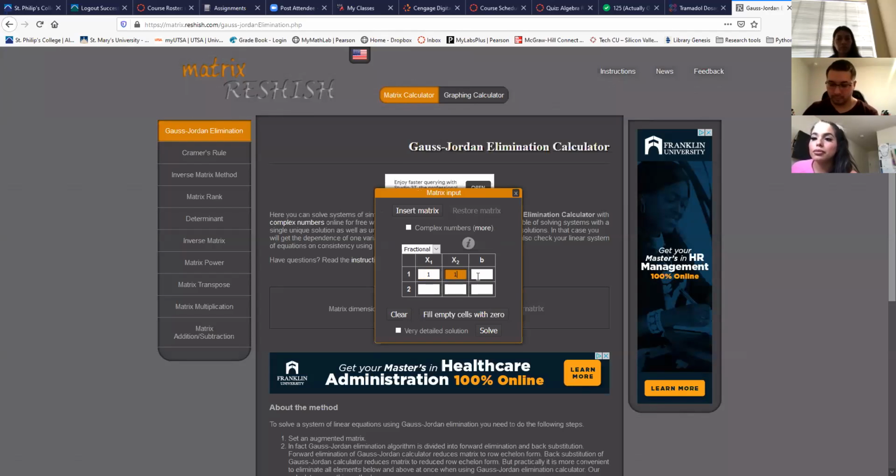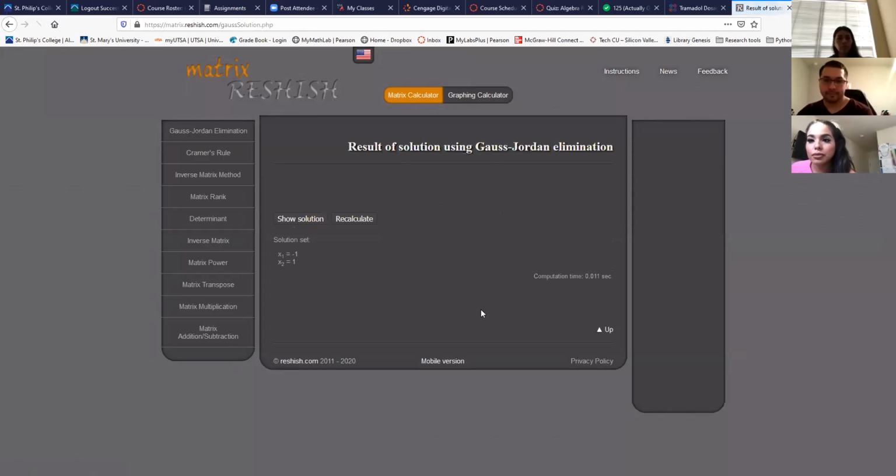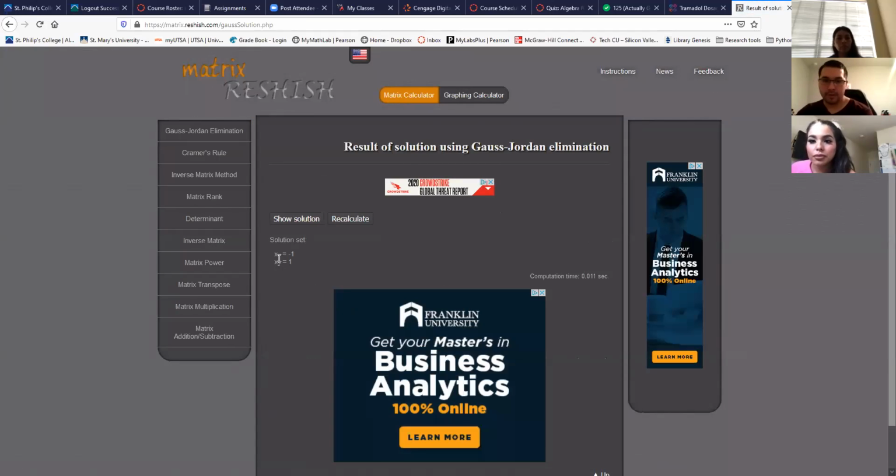So 1, 1, 0, negative 2, 3, and 5, and then just have it solve it for us. So remember, our x1 is A, right? x2 is B. So in a matrix, if you were to do this by hand or your graphing calculator, it's going to give you this output.